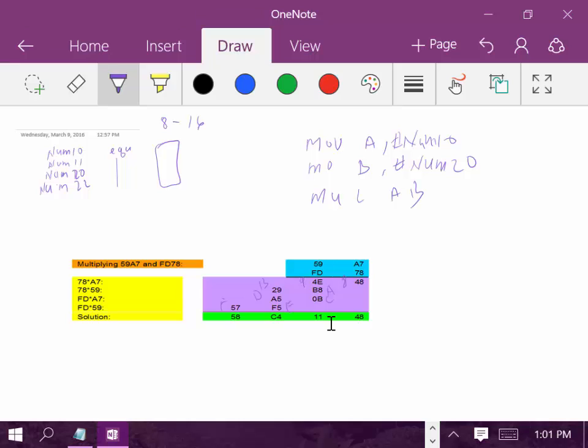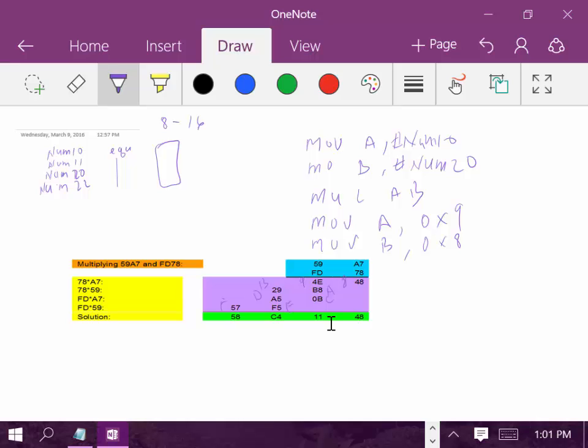Multiply AB, and move A, which is going to go into location 0x9, and move B into 0x8. So we do that for our first multiplication.